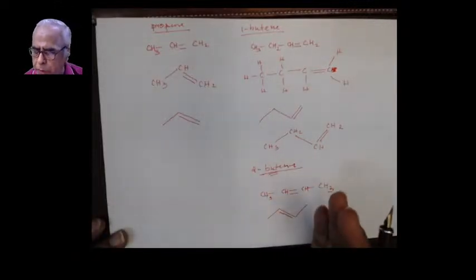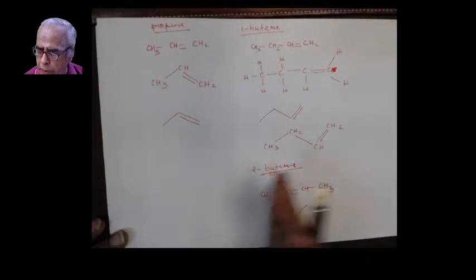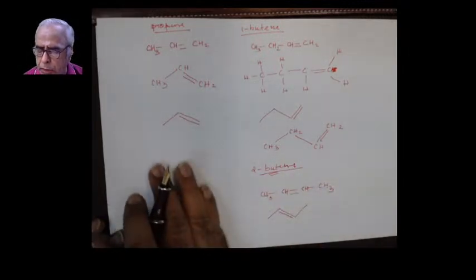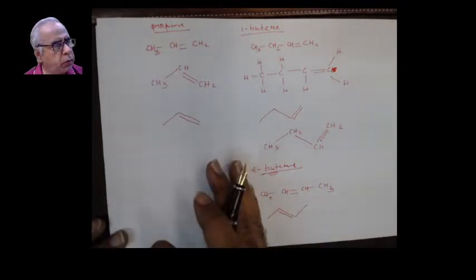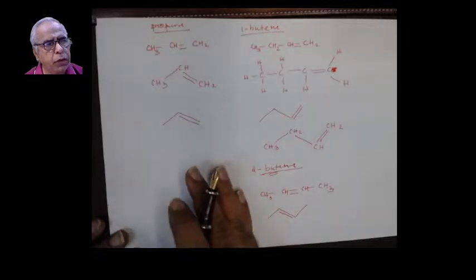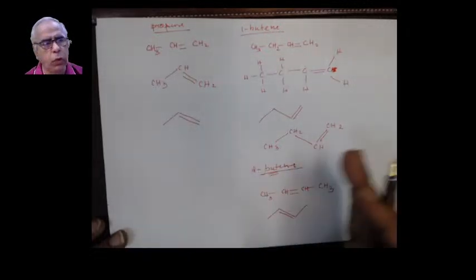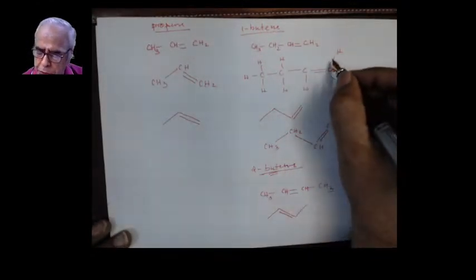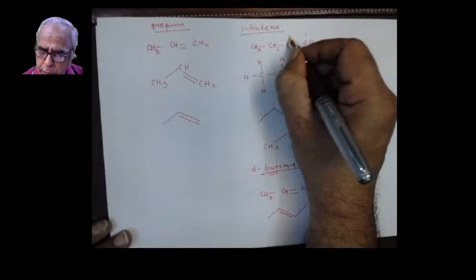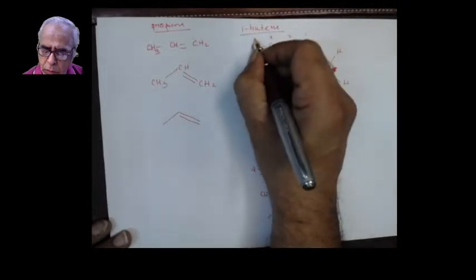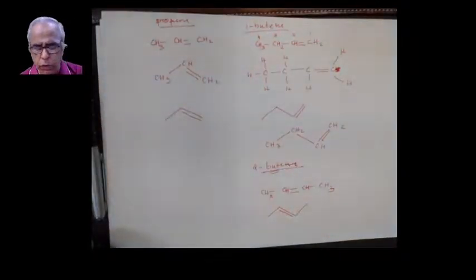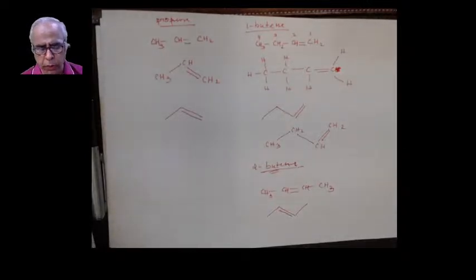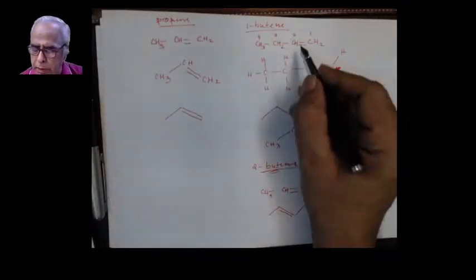Can you write down 3-butene just by dislocating the double bond to the third position? It is not possible. Why? Because it gives the first position as far as the lowest number rule is concerned. You may say, sir, this is first position, this is second position, this is third position, this is fourth position. Okay, so when you mention like this, you cannot claim that this is the second carbon atom.